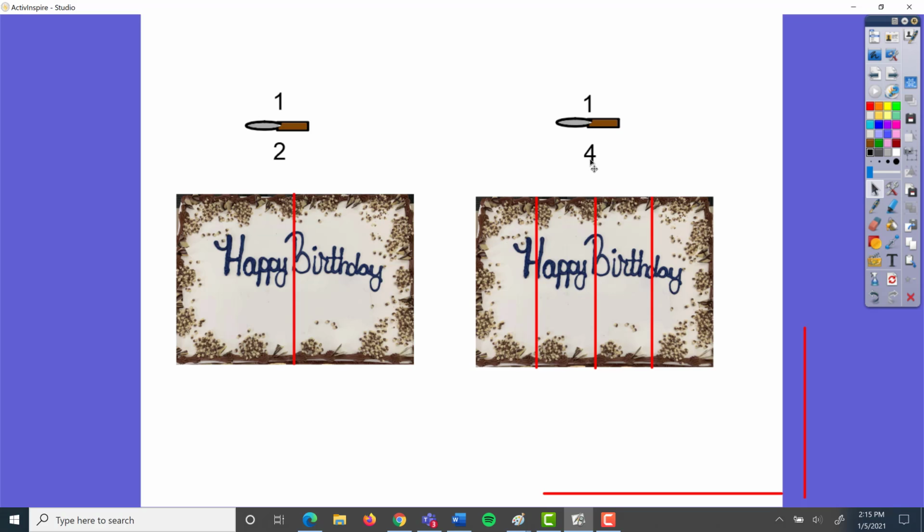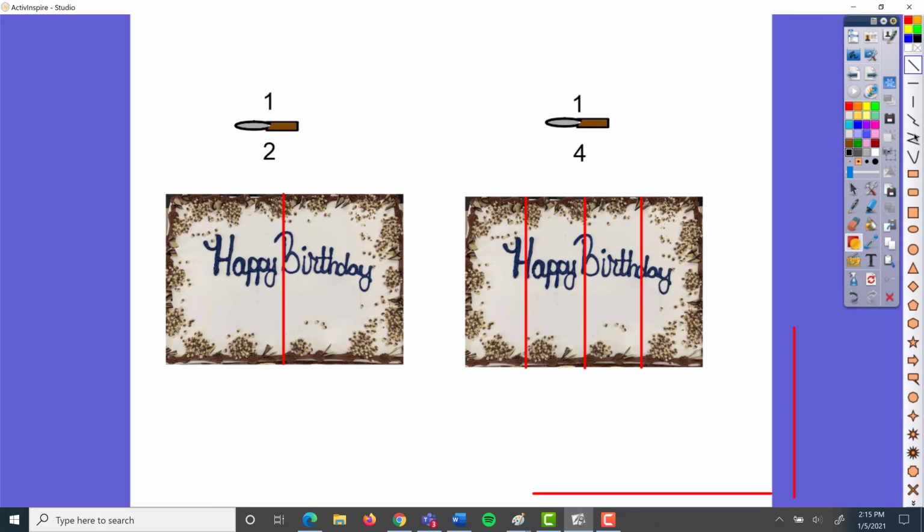It's important to know which number. So if we compare these 2 fractions, 1/2 and 1/4, you might say that this one is bigger, but if we look at it, it's really not. The number on the bottom is how many pieces I'm sharing my cake with, and the number on the top is how much of that cake I actually get.